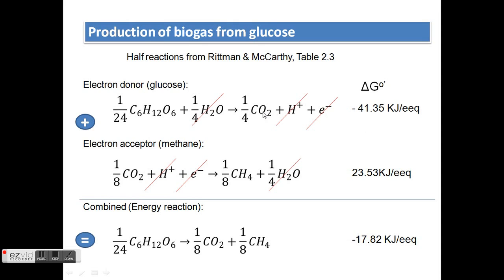So if something was initially on the left-hand side in the table and you now bring it to the right-hand side, and this was a 41, it will now become a negative 41. Then when we have the half reactions, we just add them up. If a product is at this side, it remains at this side.